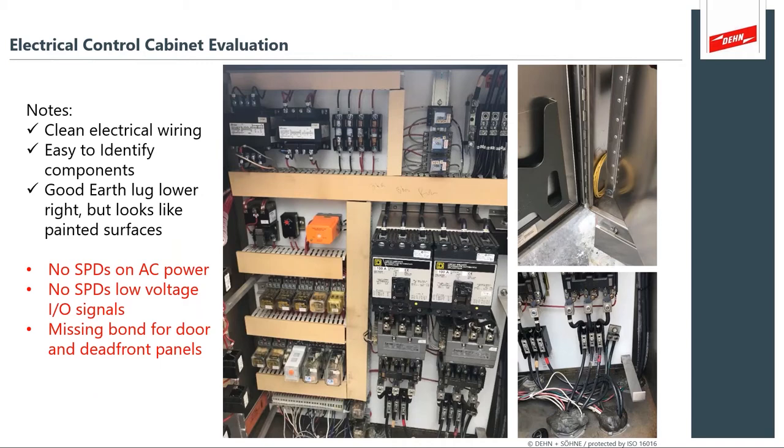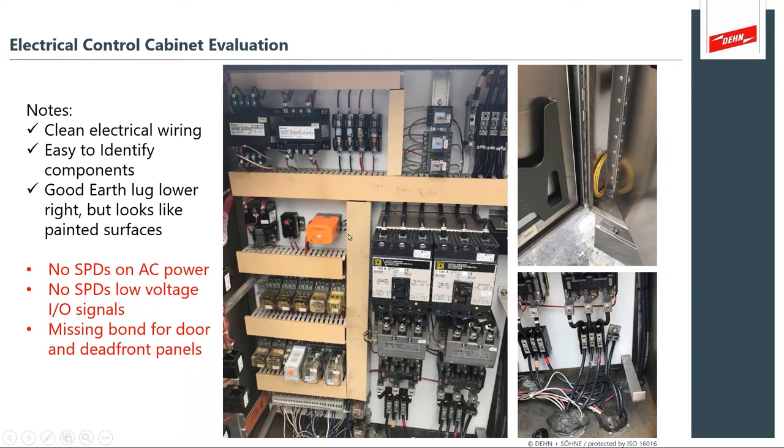So when you're looking at your panel, you're a panel operator and you have these panels across your site, it's important to evaluate your system. And you want to look for things like clean electrical wiring. Check. You can do these inspections literally every day. You can go through your site, you're doing your preventive maintenance.